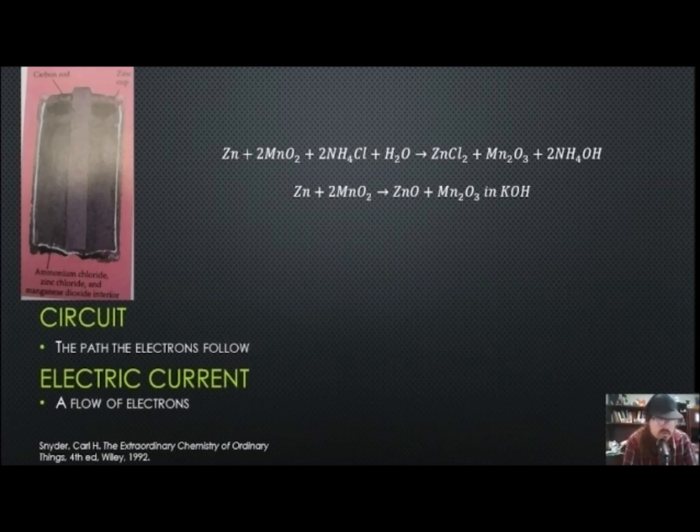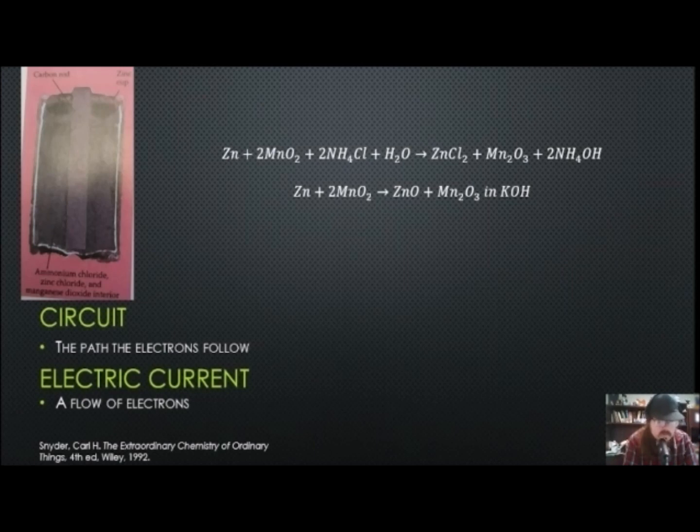There are also dry zinc cells that were replaced by alkaline batteries, that I have a cross-sectional picture of, not as commonly used nowadays, but they're still there. We have lithium ion batteries, which are in our computers and in our Tesla vehicles.